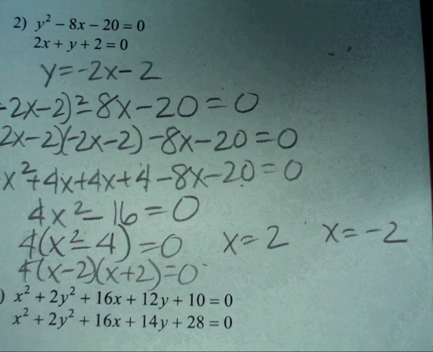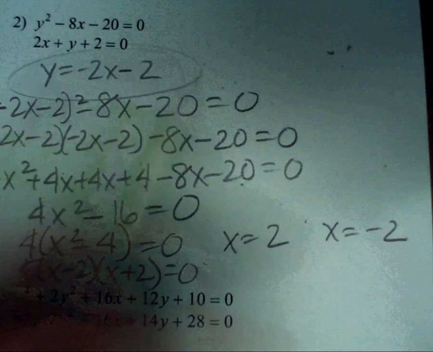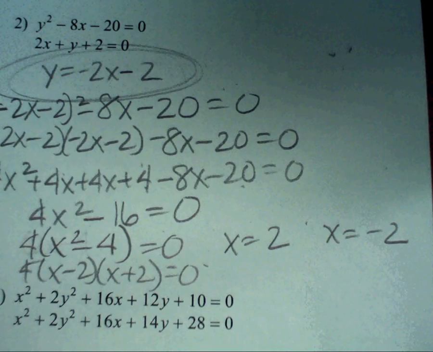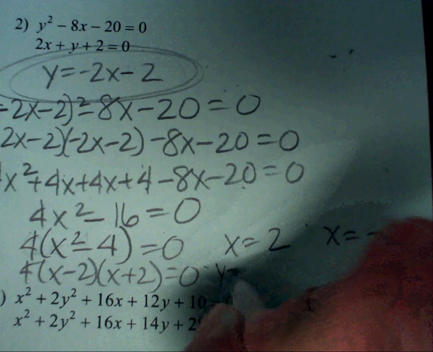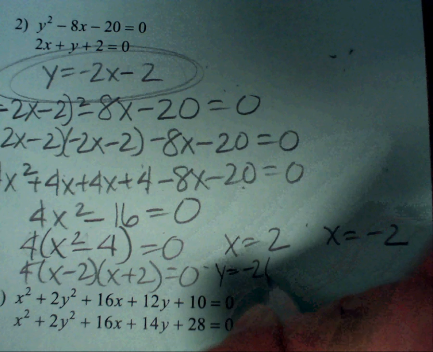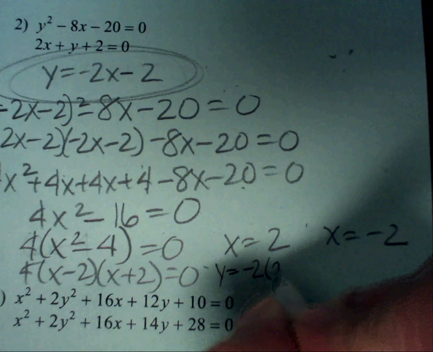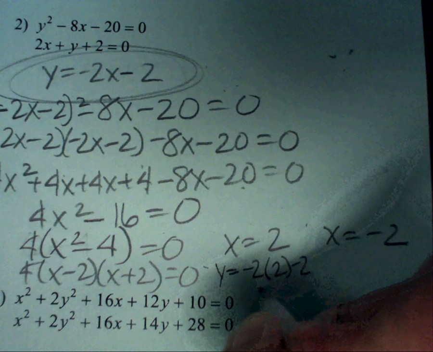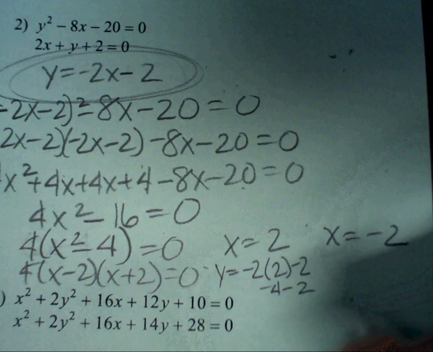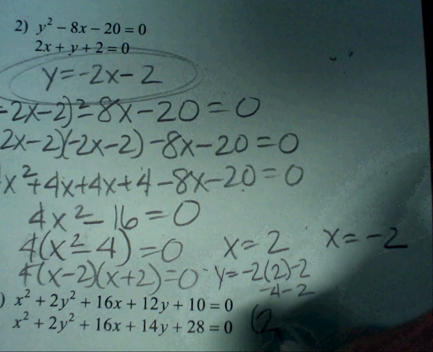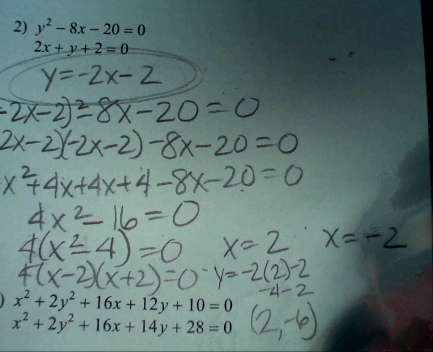So then to find the y value, you take your equation that you have up here, and I plug in x there, and you're going to get two different y values. So negative 4 minus 2, so that's 2, negative 6.